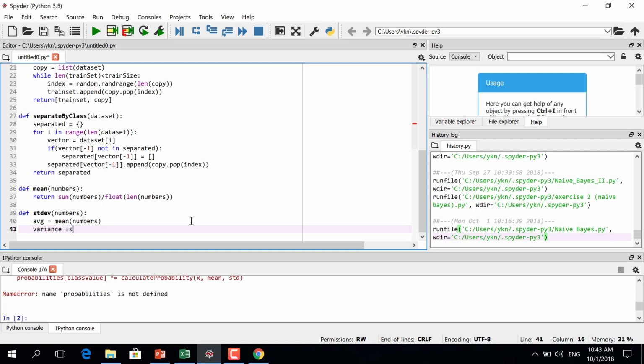The variance is equal to the sum of the power, meaning x to the power of something. So I have to find this power: x minus avg to the power of 2, for x in numbers.